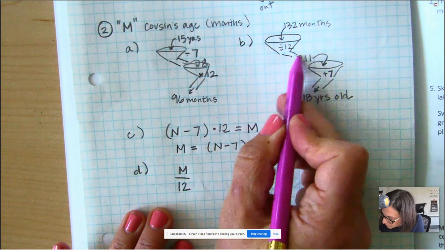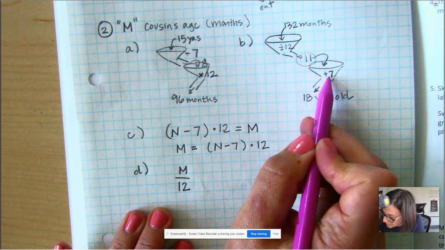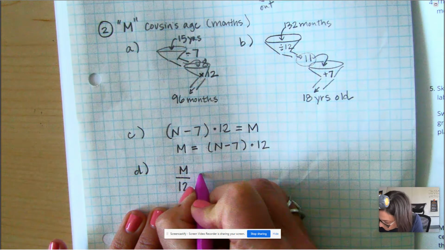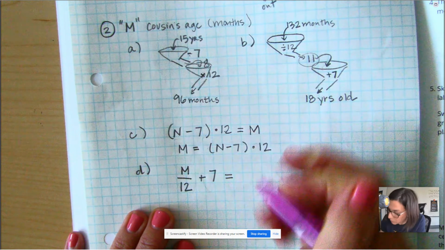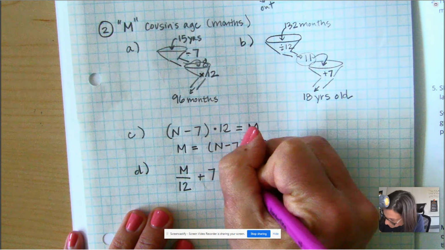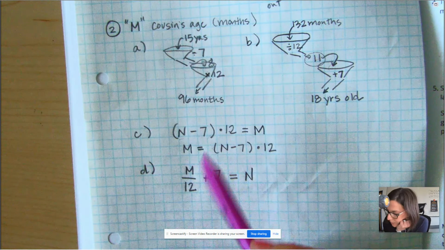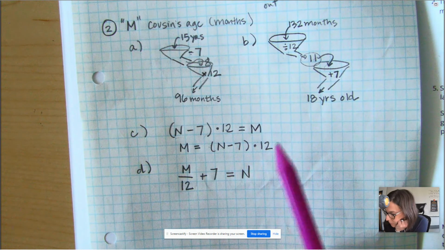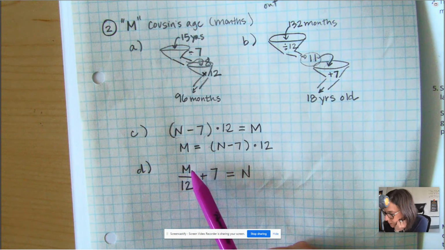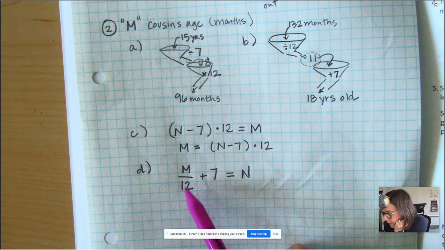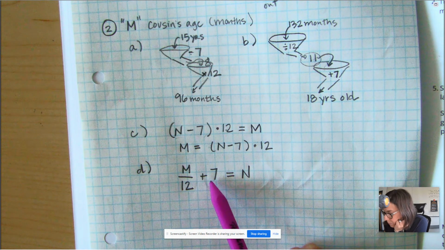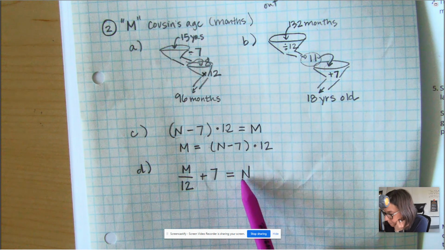Then after we got that number, we put it into the other function, and we had to add back the 7 to get to Noah's age, because Noah's older. So how many months old the cousin was, we plug that in, divide by 12 to get how many years old the cousin is, right? Then add 7 back, boop, and that equals n, Noah's age.